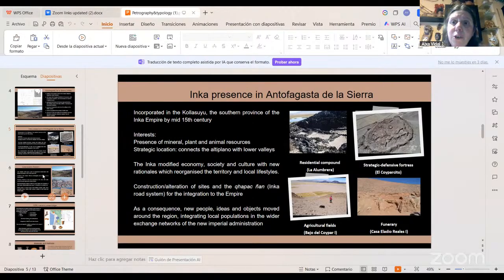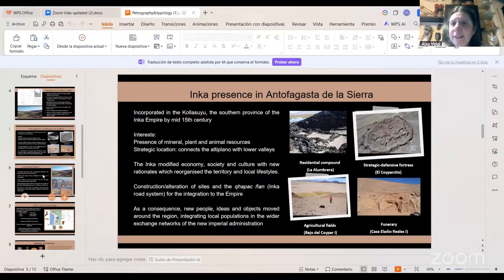The Incas were mainly interested in the area because of the presence of mineral, plant, and animal resources. Remember that they have many oases and many mineral mines over there. And the strategic location, because it connects the highlands with the lower valleys. It's a connection point over there.